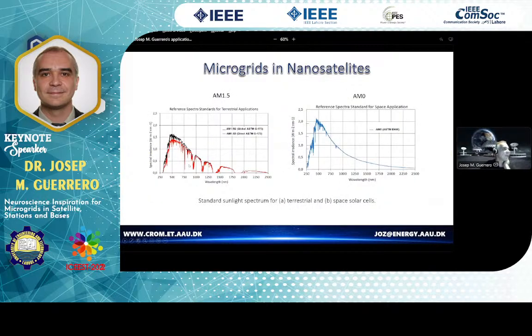And one of the exciting things in the space is that we get much more energy, around 20% if we look at the quantum efficiency of the spectra that we can get from there, because we don't have the atmosphere that is filtering it.